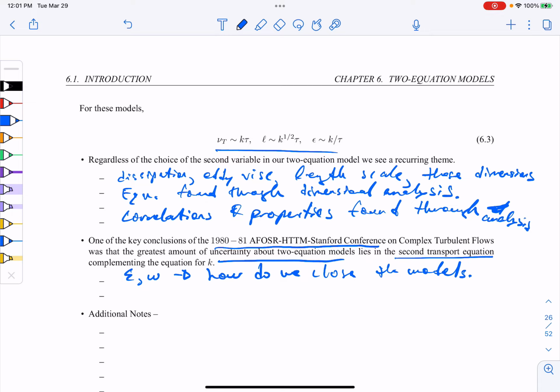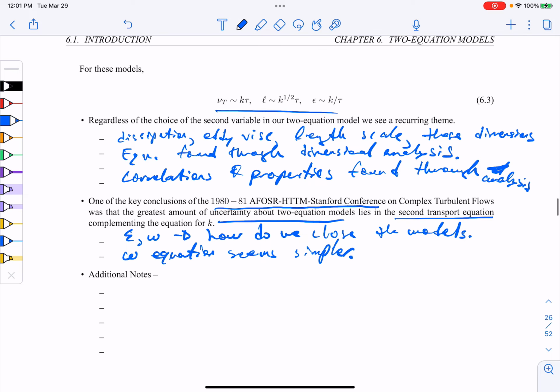And one reason maybe omega is more popular historically is the omega equation seems simpler. And you'll see that when we present these equations. And it had some of the first well-closed coefficients for boundary layer flows and dissipation of homogeneous isotropic turbulence.